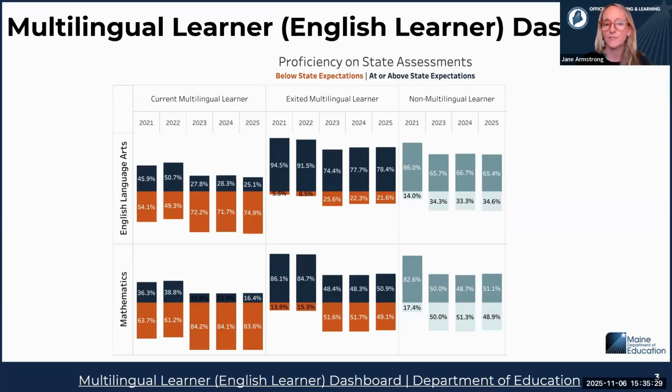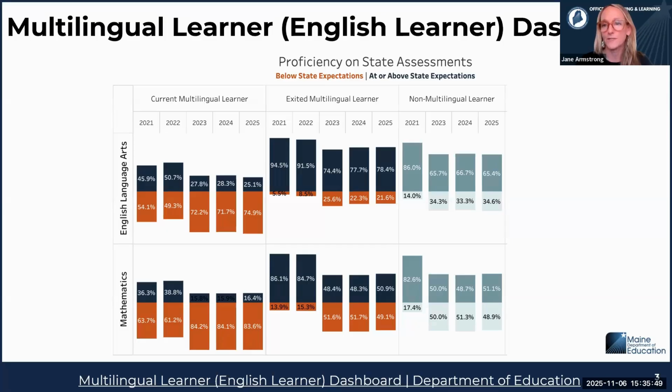And so really what's notable is that you will see that exited multilingual learners have historically outperformed students who were never identified as a multilingual learner in English language arts. And right now at this point from last year, it's a 13% increase.